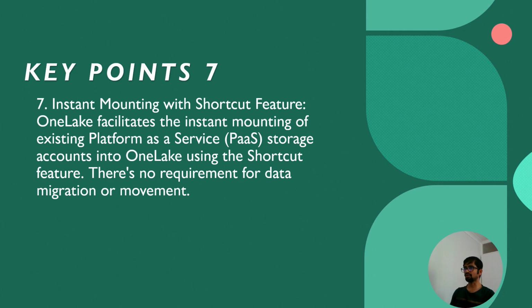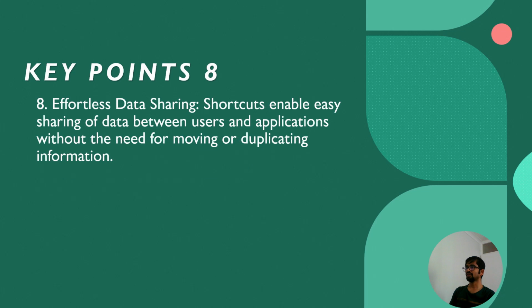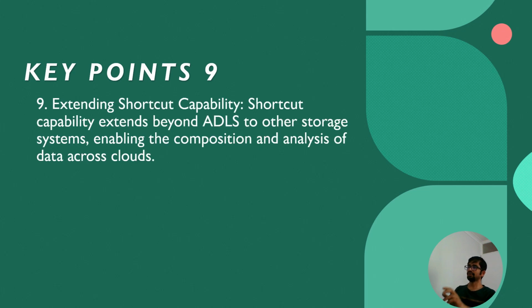The fifth and sixth points are clubbed together just to give the combined effect of what we are trying to cover here. Then we have effortless data sharing. Shortcuts enable easy sharing of data between users and applications. This is also a continuation of the previous one; it's some of the additional functions that shortcuts provide, bifurcated into different points. With shortcuts, we can easily share the data between different users and applications without moving or duplicating the data.